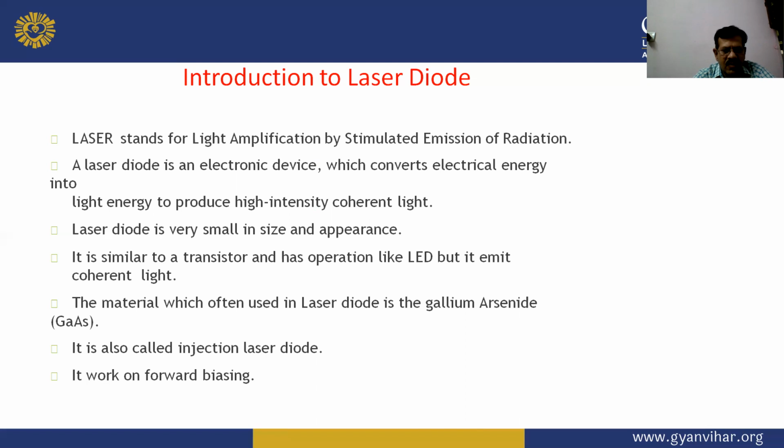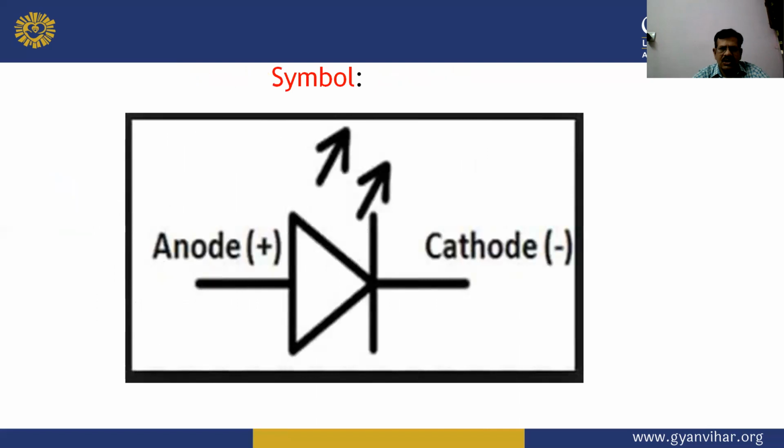It works in the forward bias condition, and the working of this diode depends on the biasing. When external biasing is applied to this laser diode in the manner of forward biasing, it conducts.